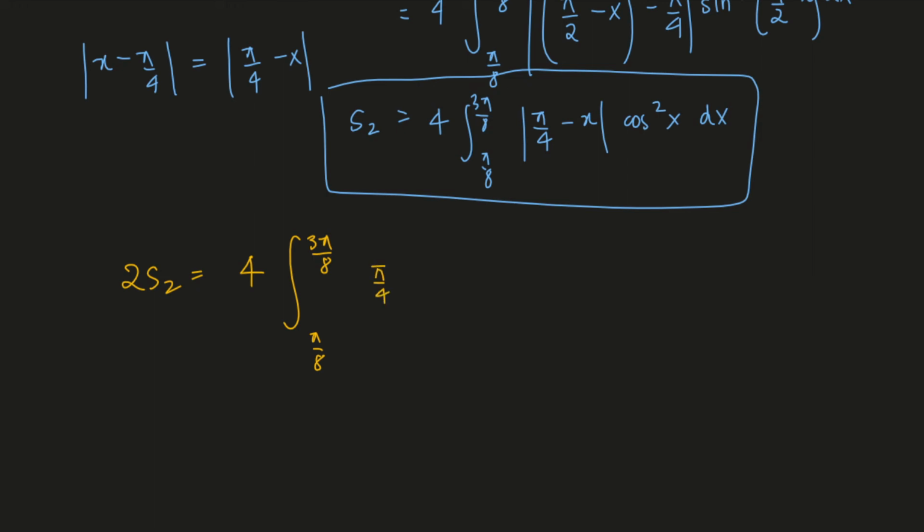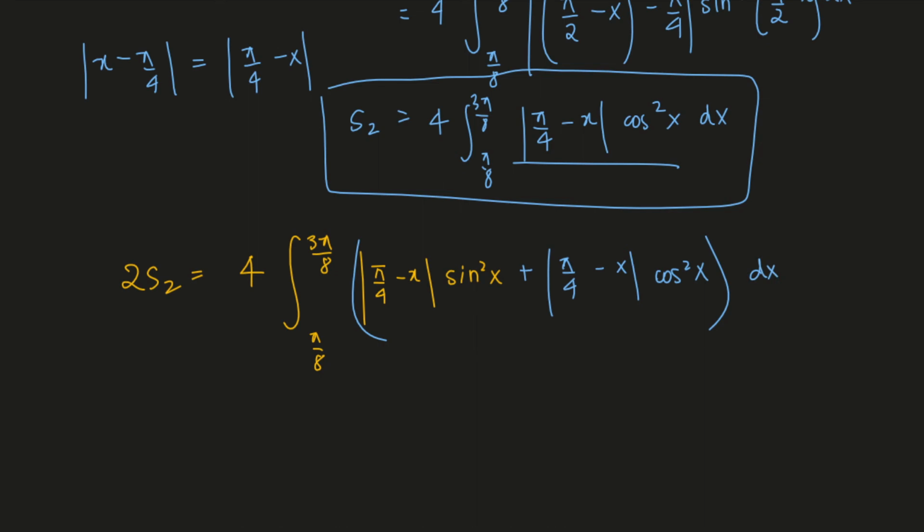So the modulus of pi over 4 minus x multiplied by sine squared x from the first integrand, and the second one is this. So the modulus of pi over 4 minus x times cos squared x dx.